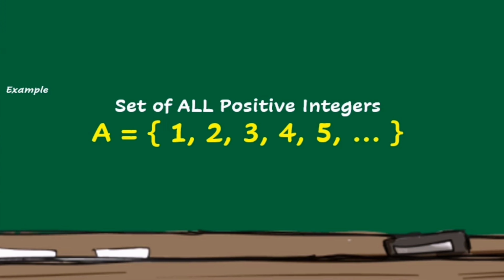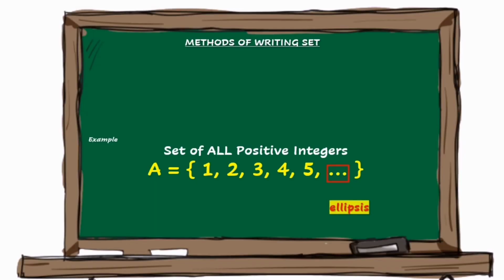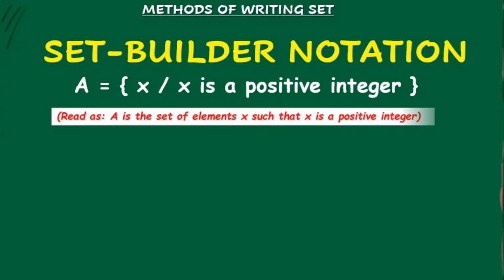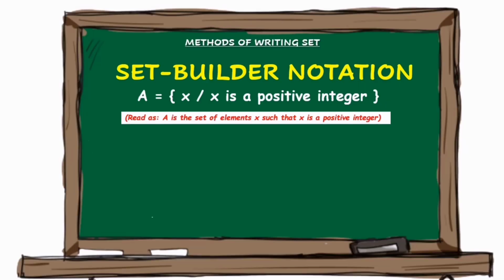The set of all positive integers. We know that it is impossible to write all the elements of this set. If a set contains many elements, we often use 3 dots called ellipses. Or it is better to describe the set. This is called set builder notation. This can be read as A is the set of elements X such that X is a positive integer.